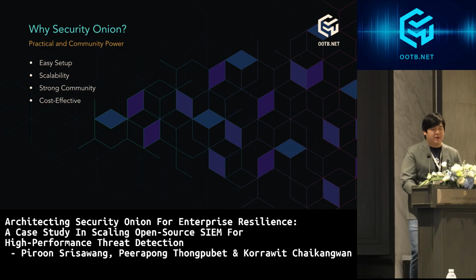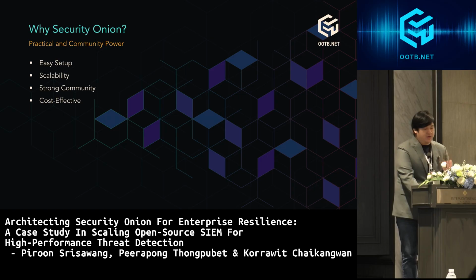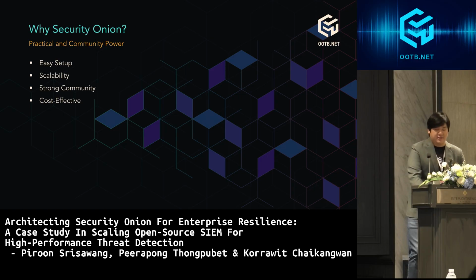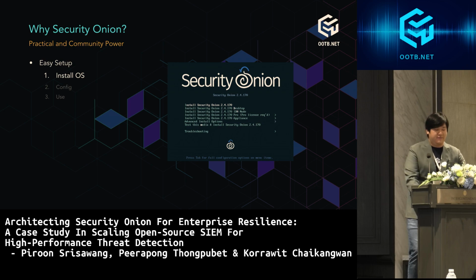And by community power, I mean the strength of the open source community that actively supports driving continuous improvement, enhancing features, and providing support when issues come up. If we break it down, there are 4 key aspects we look at in the next slide: easy setup, scalability, strong community, and cost effective.